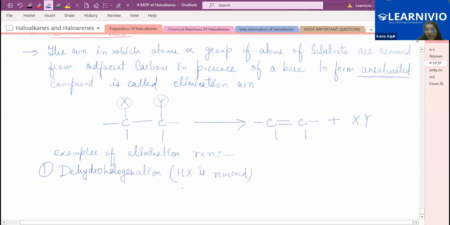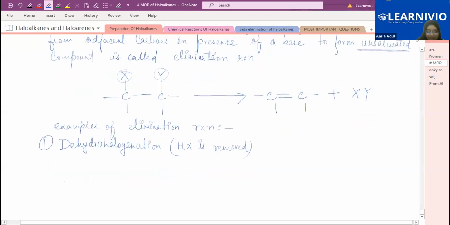And in this type, if you are removing the X from one carbon atom, आपको उसके adjacent carbon से H को remove करना है. Right? So just remember that if you are removing the halogen group from one carbon, then you are supposed to remove the hydrogen from the adjacent carbon. We will do some examples also, but first, let's know what these terms are.